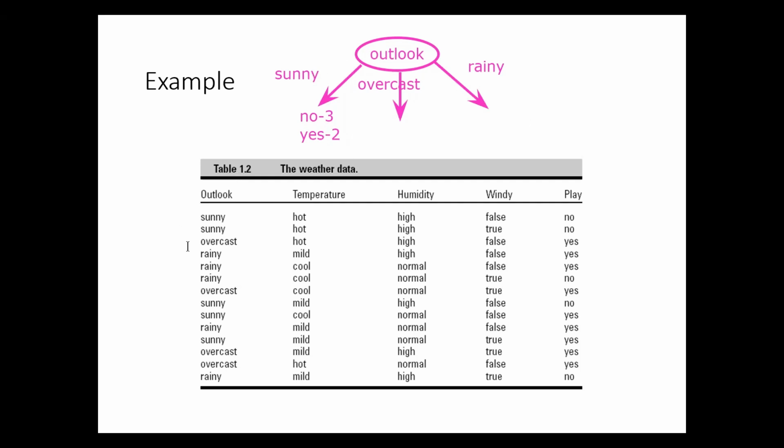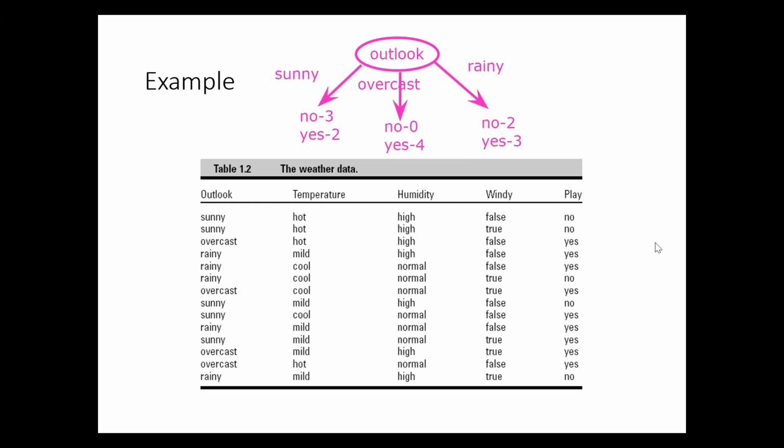The second one is overcast. Given overcast, no will be 0, but we have 4 instances with yes. Similarly, for rainy, we have yes, yes, no, and no again, so 2 instances of no and 3 yeses.